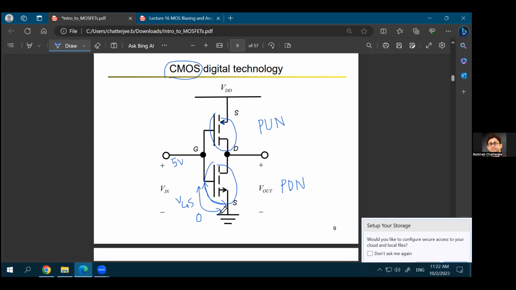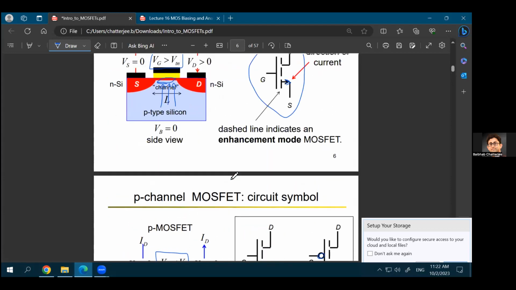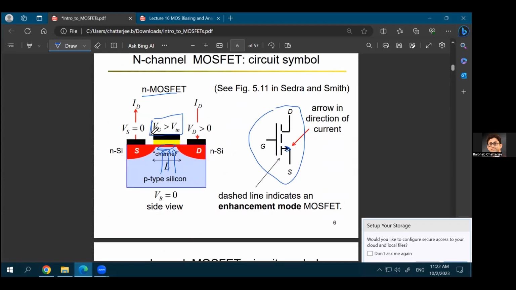So how much is the gate-to-source voltage in this case? 5 volts, because the gate is at 5 and the source is at 0. If you have a positive VGS, the NMOS device will turn on. Why? In this case, we are not going into the full detail, we are just saying VG is more than VT, some kind of threshold voltage, and your VS was already mentioned as 0.